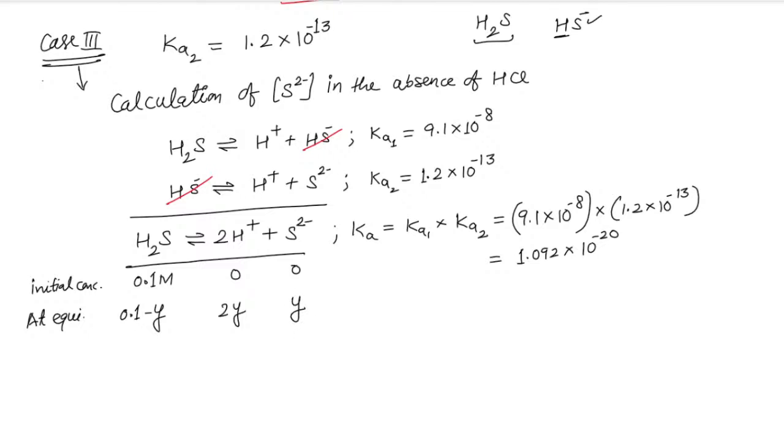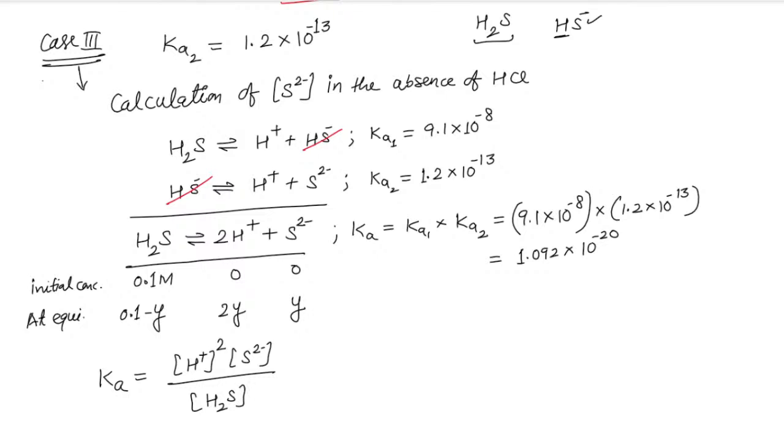Now Ka is equal to H plus ion concentration raised to power 2, S2 negative raised to power 1, divided by H2S.